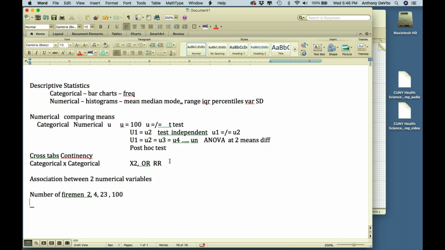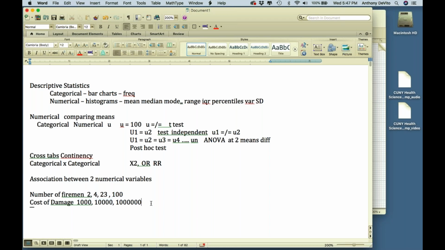The other numerical variable is the cost of damage that occurs at the fire. Okay, and that might be $1,000, it might be $10,000, it might be $1 million, right? Could be a number of different values, but those are all numbers. Each one of these different numbers of firemen is associated with the amount of cost, the damage that occurred at that particular fire.